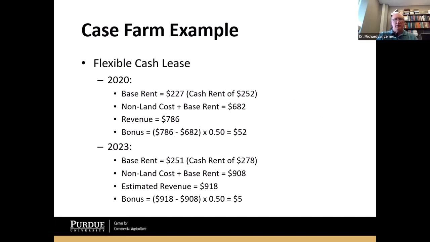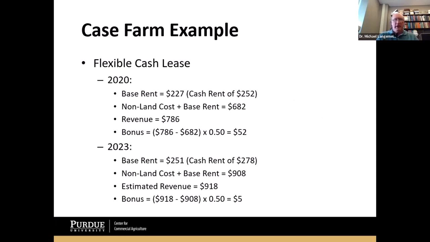I picked 2 years where we had some bonuses. 2020 was a pretty good year, so we have a base rent of 227 given our market cash rent of 252. We have a non-land cost plus base rent. This is an average for corn and soybeans. That's why some of those corn producers say, well, that's really low cost. This is an average of the two in 2020 before we saw these large increases in input costs.